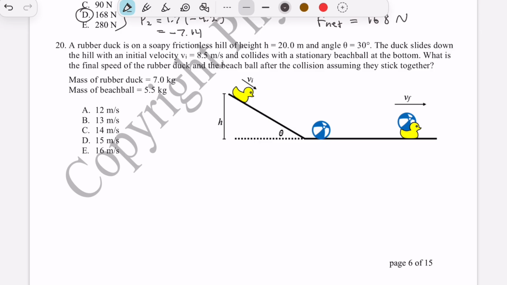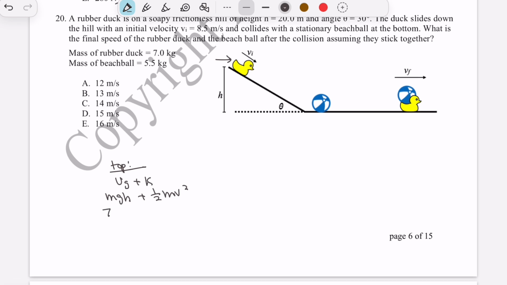energy again. So at the very top, so this is the top of the ramp, our duck has gravitational potential energy, but also some kinetic energy. So this is mgh plus half mv squared.